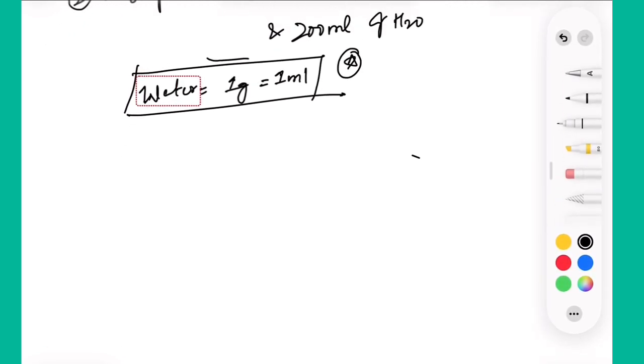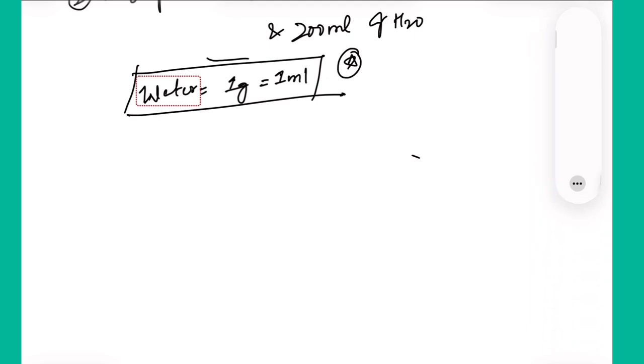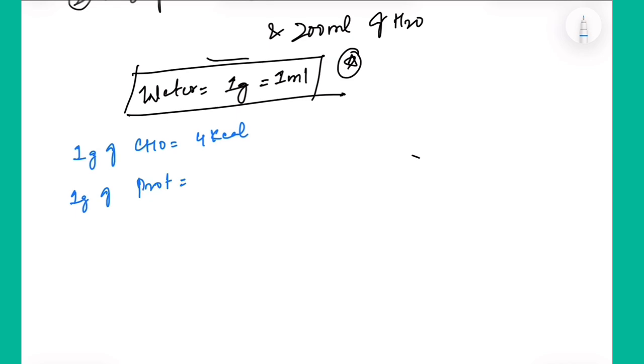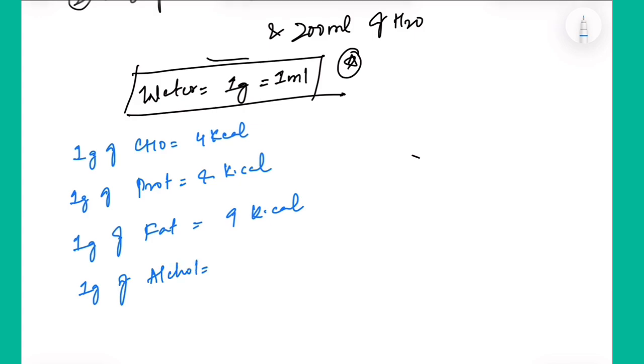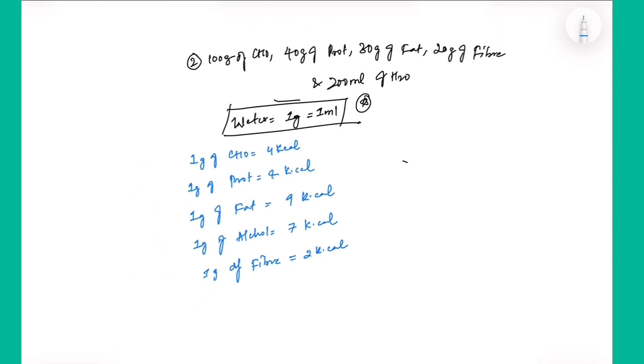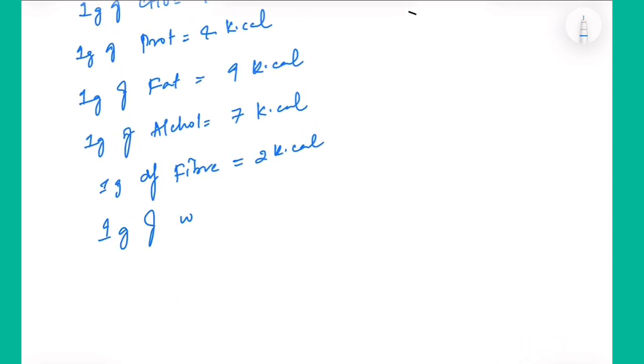Before going into the calculation, I'll just brush up all the points again. 1 gram of carbs is 4 kcal. 1 gram of protein is also 4 kcal. 1 gram of fat is 9 kcal. 1 gram of alcohol is 7 kcal, and 1 gram of fiber is 2 kcal, and 1 gram of water is 0 kcal.